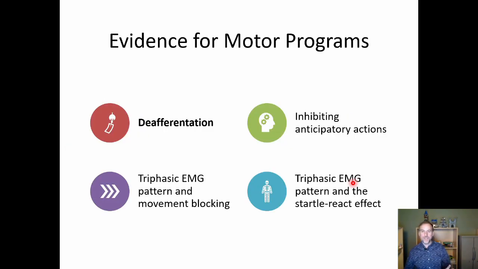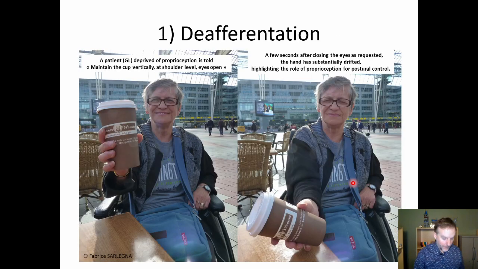So hopefully this concept of motor program sounds convincing, but let's look at actual evidence for it. And the first we've kind of talked a bit about, but we'll look at an actual experiment, and that's deafferentation. This is GL. I actually can't remember what her real name is.